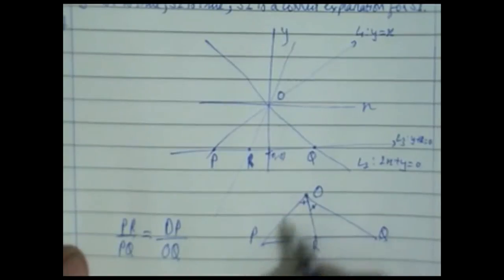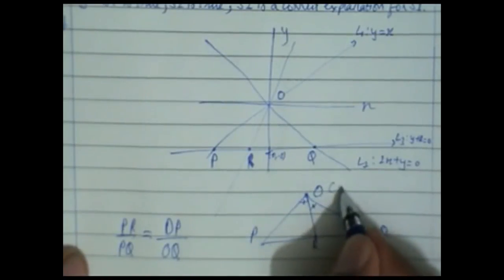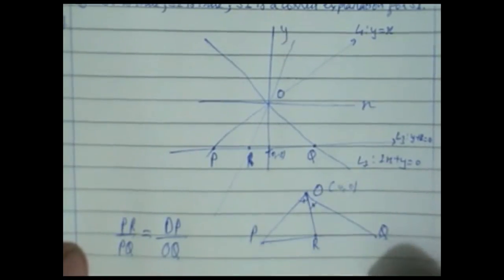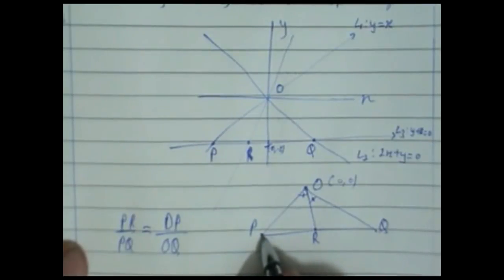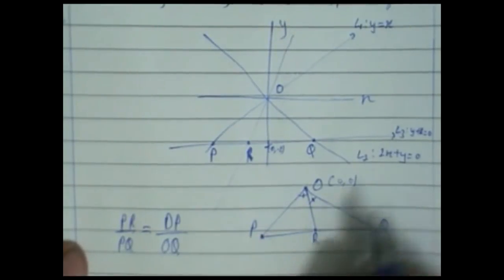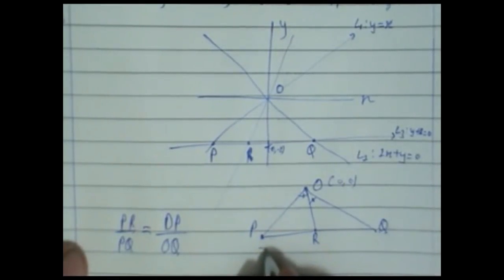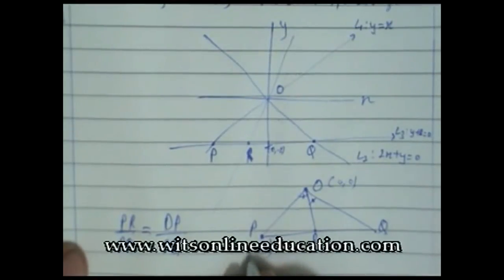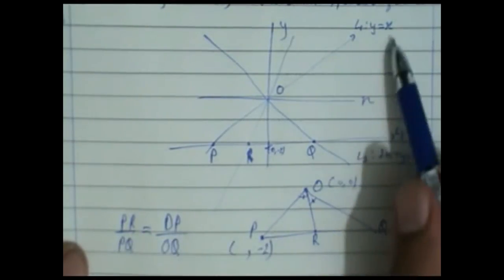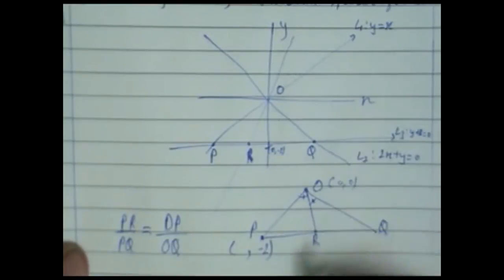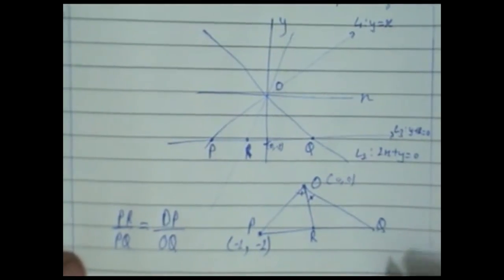So we will first find the point of intersection. This is clearly the origin. Now this point is the point of intersection of y equal to -2 with the line y equal to x. Now as y is equal to x and y is equal to -2, so this is -2 and this will also be -2. So this is the point of intersection.